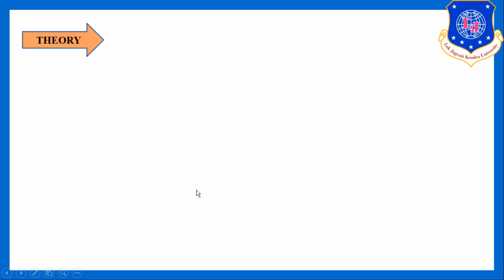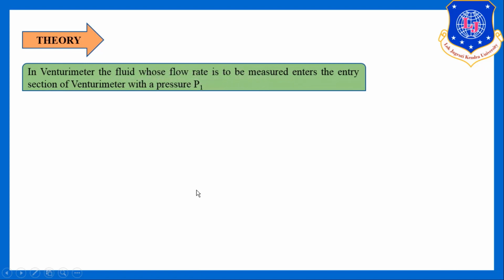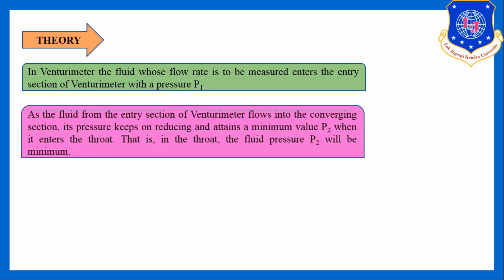Now in the venturimeter, the fluid whose flow rate is to be measured enters the entry section of the venturimeter with pressure, say, P1. As the fluid flows into the converging section and then into the throat, its pressure keeps on reducing.